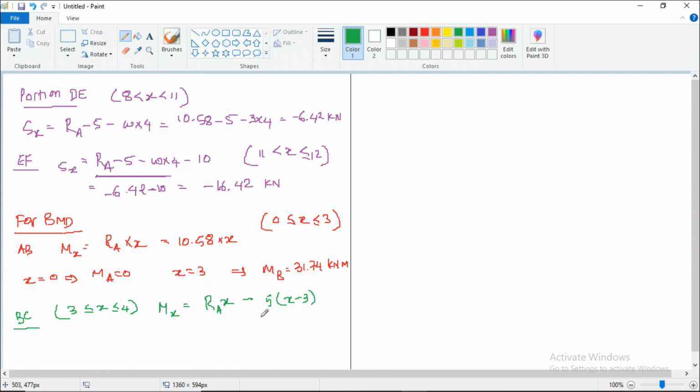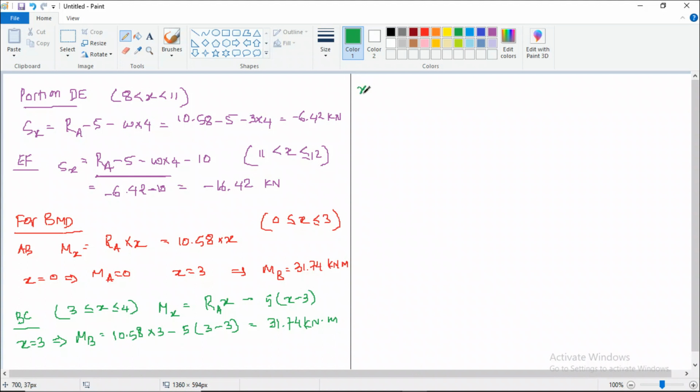Now we need to put different values of x in this. Let us say at x equal to 3, if you put the values here, you will get the moment at point B as 10.58 into 3 minus 5 into (3 minus 3). If you solve this, you will get the value as 31.74 kilonewton meter.